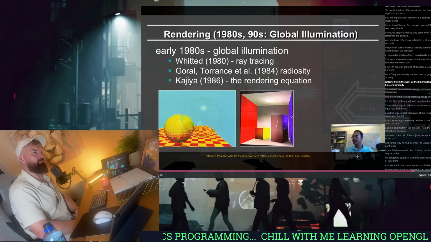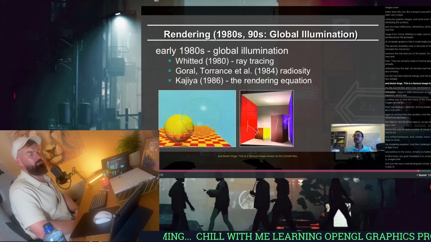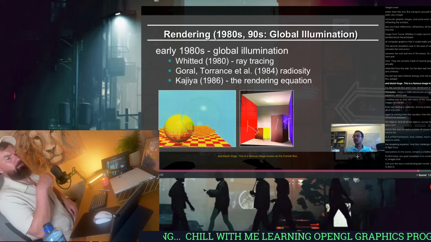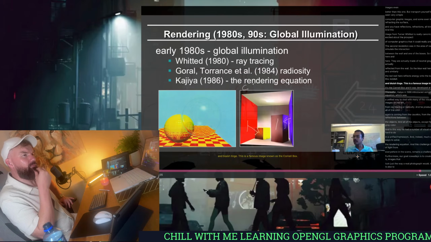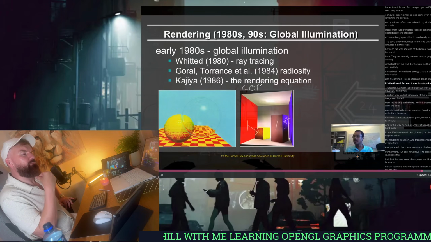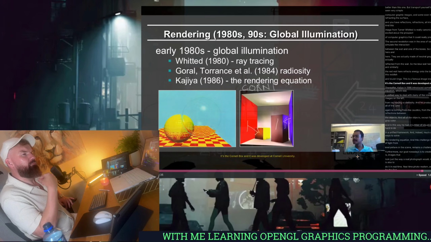So the blue wall here reflects energy onto the box. And similarly, the red wall here reflects energy onto the box. And in this way, they have this reddish and bluish tinge. This is a famous image known as the Cornell box. I can just write that down here. It's the Cornell box. And it was developed at Cornell University.